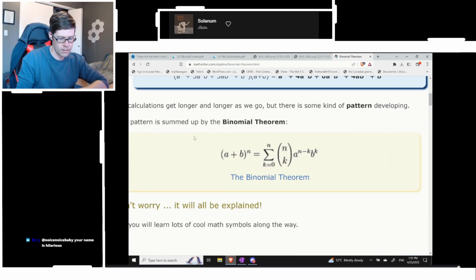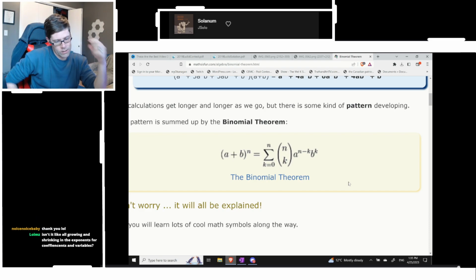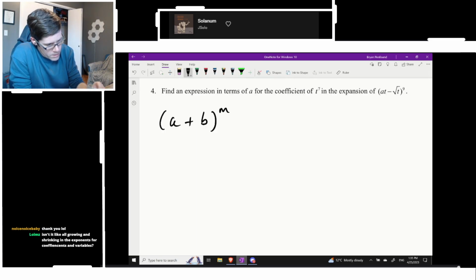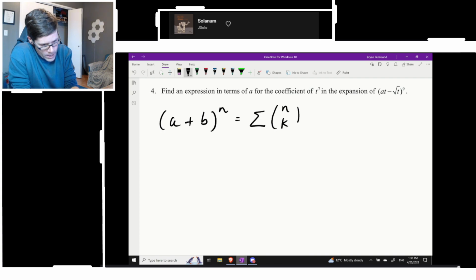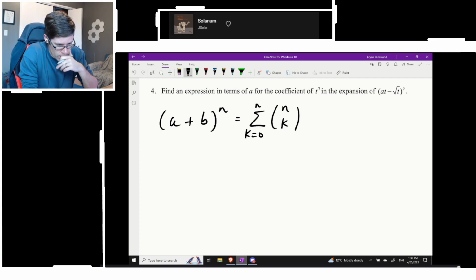Ooh, okay. Okay, let's just write that down. So (a plus b) to the n is the sum of, I believe it was n choose k, and k is going to be our index that ranges all over the place, so it should start at 0, go up to n, that makes sense.